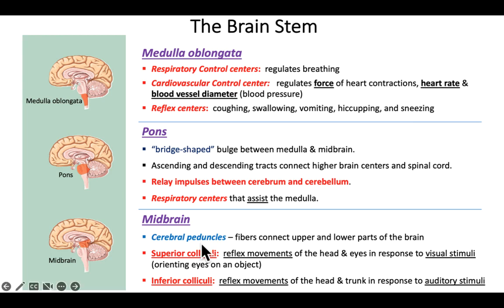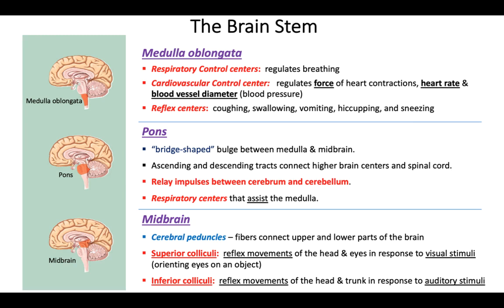And they're involved in two specific types of reflexes. The superior colliculi are involved in reflexes in response to a visual stimulus. So, for example, if something is coming towards you very fast, you want to be able to identify it very quickly.